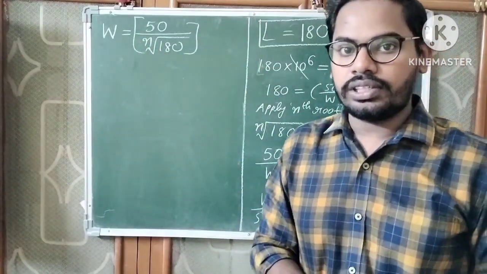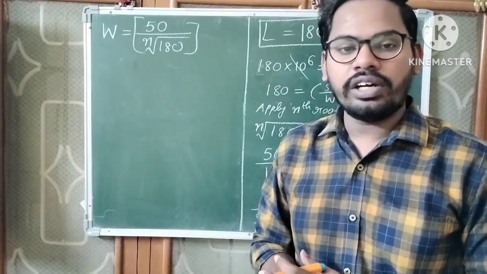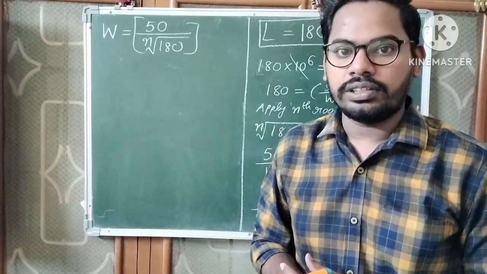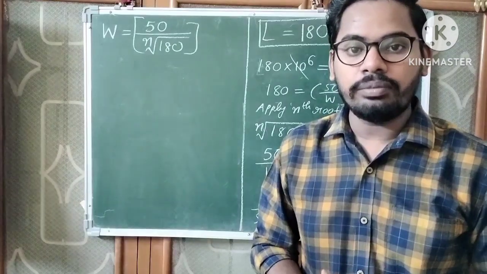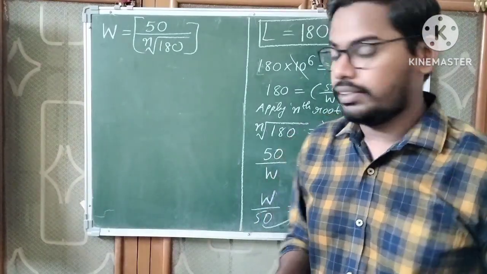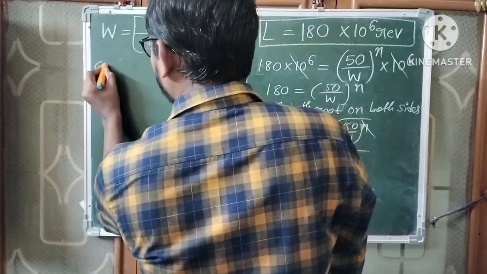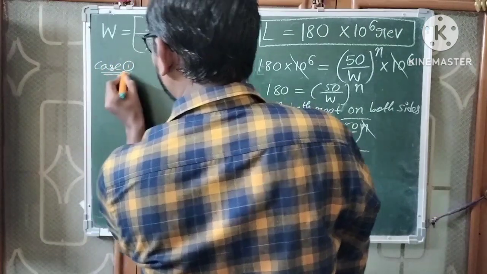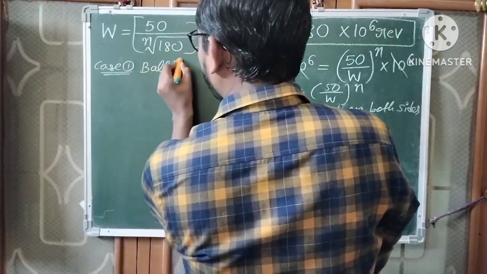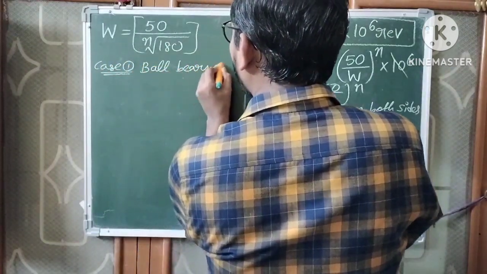In the question, we do not have any information about the type of bearing, whether it is a ball bearing or a roller bearing. So let us assume two cases. Case 1: suppose the given bearing is a ball bearing.